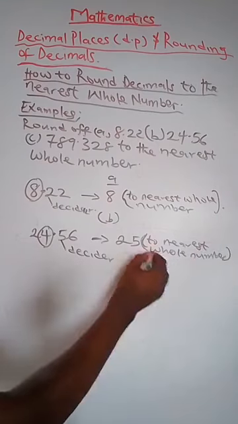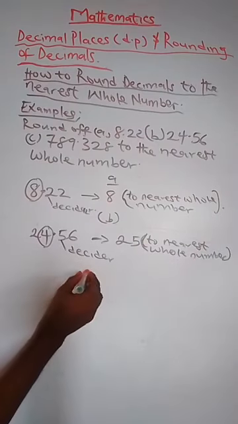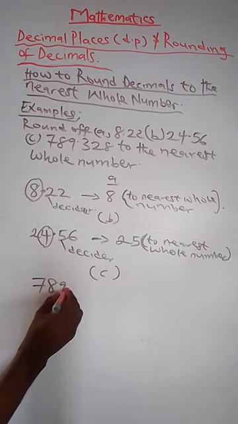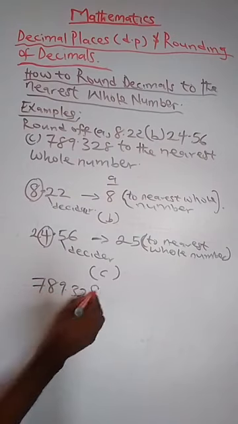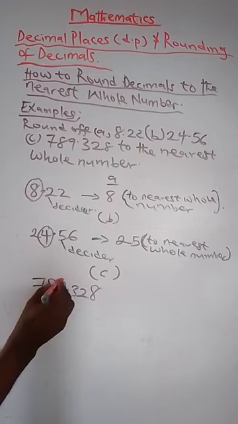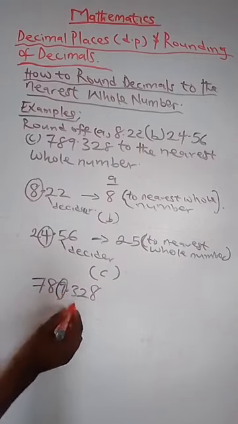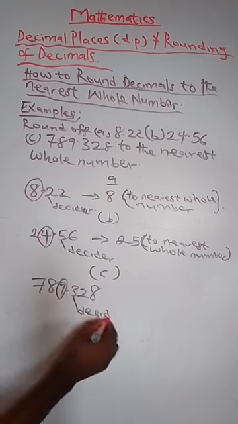Alright. Let's look at C. We have 789.328. The nearest whole number is this. Alright. Then this is the decider. Alright.